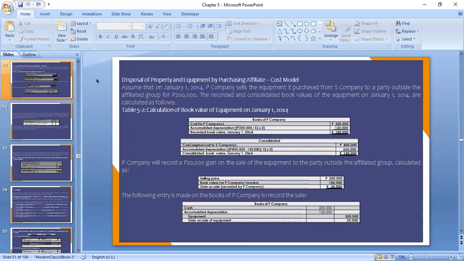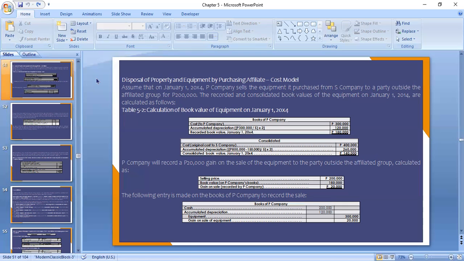Then we have the original cost to S company, then the accumulated depreciation of 120,000, the recorded book value on January 1, 2024 of the parent. And for the consolidated, the original cost to S company and the accumulated depreciation, 800,000 minus 150,000 times 2.